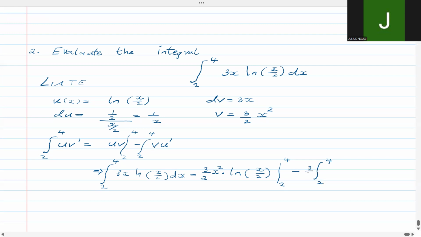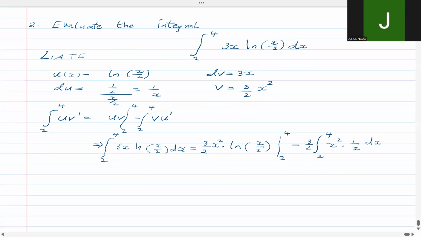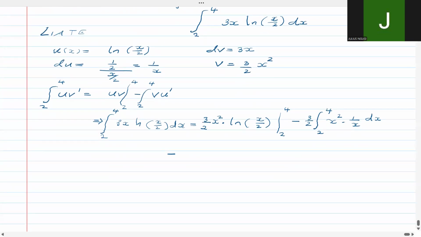So I can factor out 3 over 2, times x squared du, and du is 1 over x. So you're multiplying by 1 over x with respect to x. This simply becomes 3 over 2 x squared ln of x over 2.